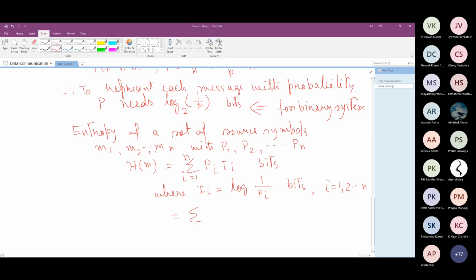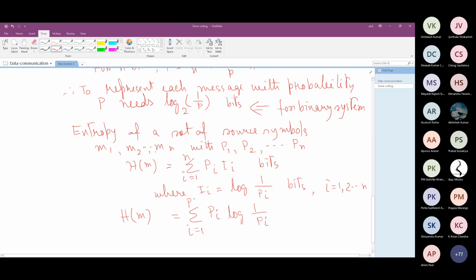Because we have represented n in terms of p, we can as well write H equal to summation of Pi log 1 by Pi.